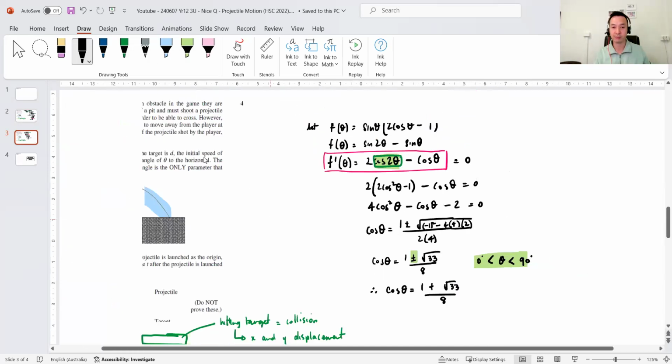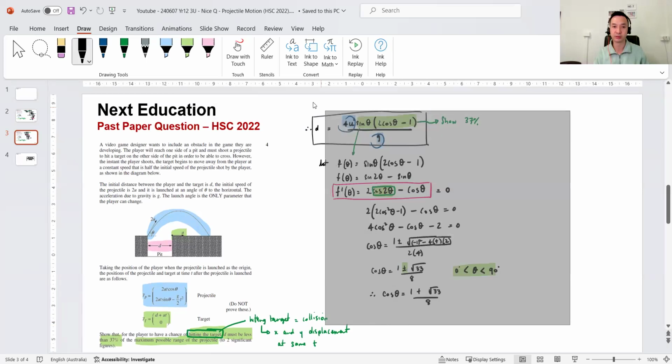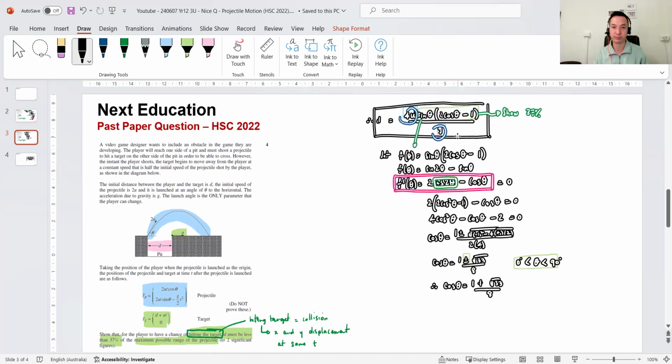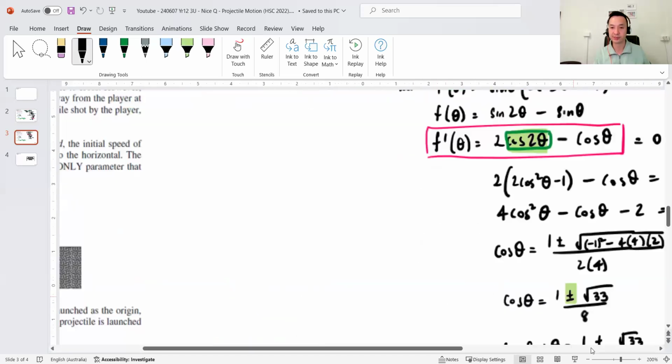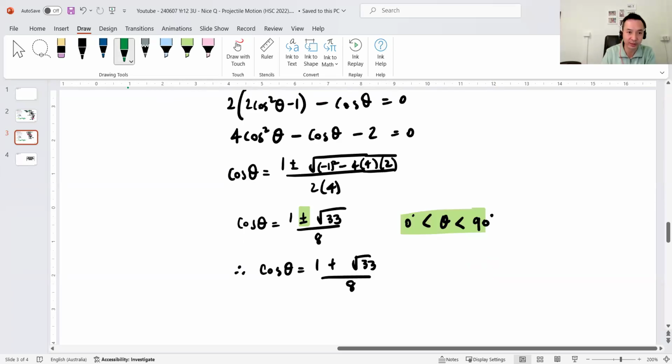So let me move this over slightly to the right, just so I can have a bit of vertical space. Cool. So guys, find the second root. This one here, test for max min, where you take the second derivative with respect to theta.